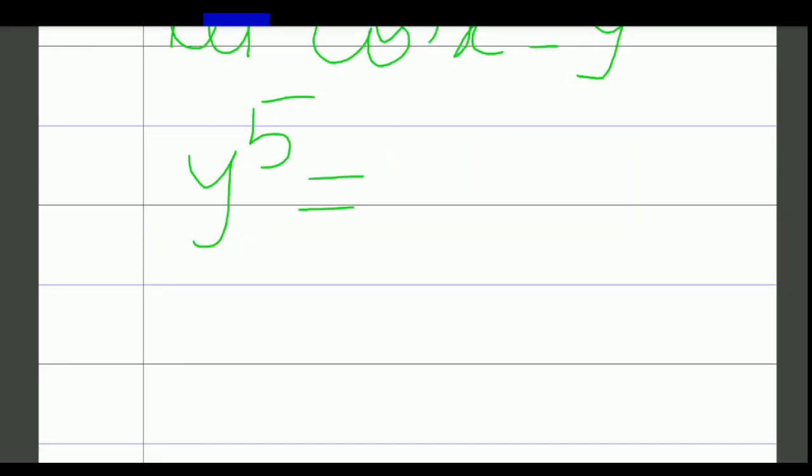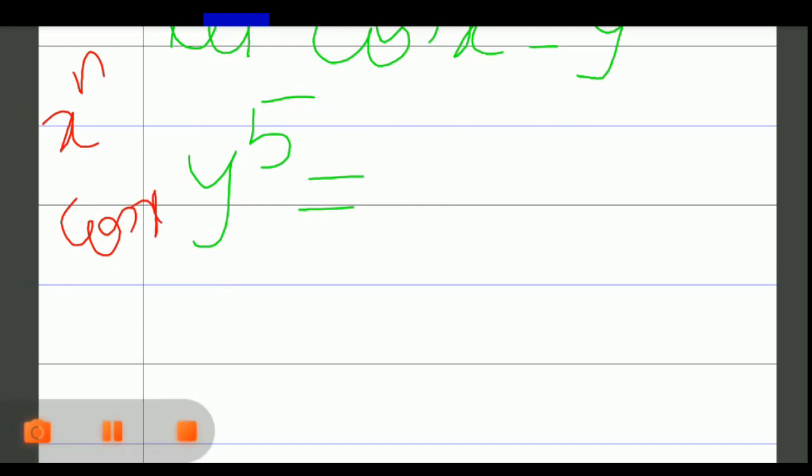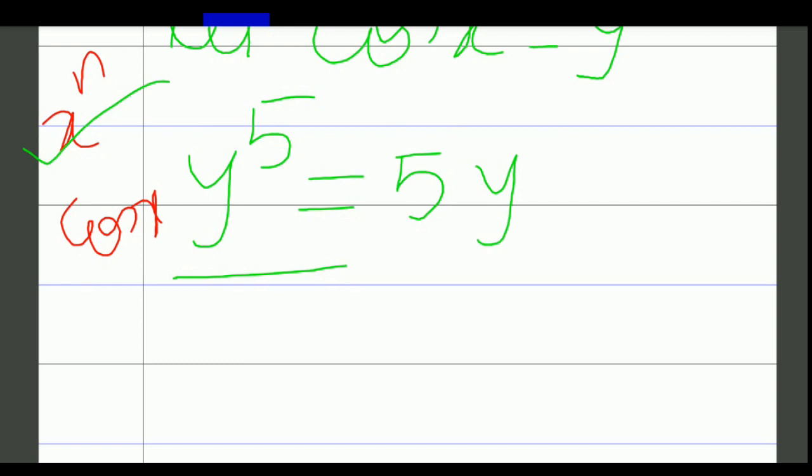Now two rules are used here: first is x raised to n, and second is the derivative of cos x. First we will use this formula for this one. So y raised to 5 becomes 5 y raised to 4.